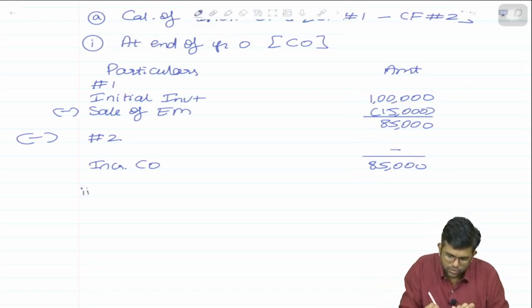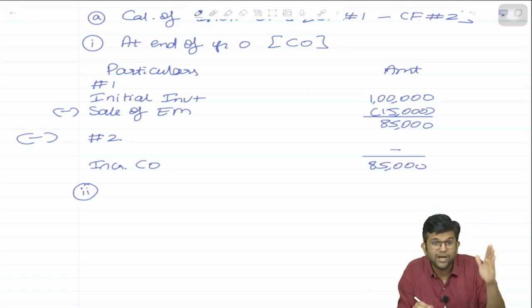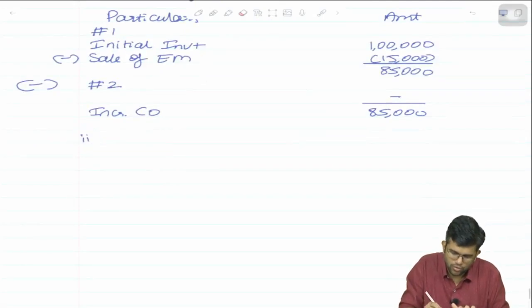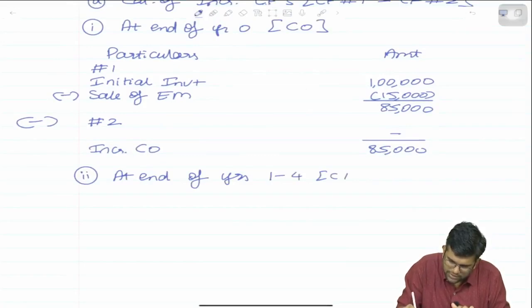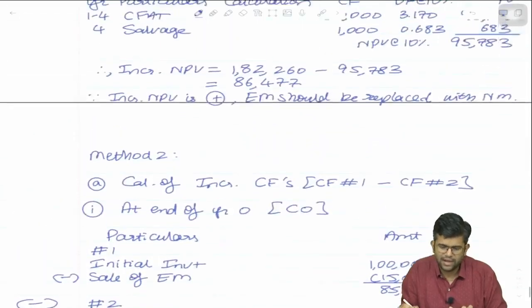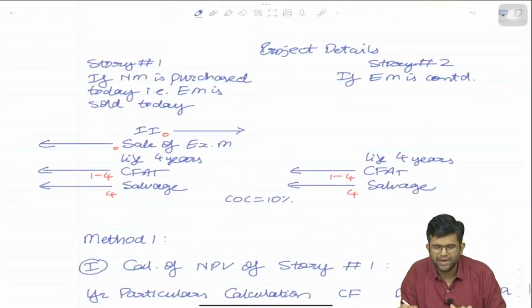Anyways, moving on. So now we got the end of year 0 incremental cash flow. Now students, do you realize, just as we did end of year 0, like that we will have to do for 1 to 4. Everyone clear? So I will write here at end of years 1 to 4, incremental cash flows. Now students, please understand, I am clubbing 1 to 4 because all data of 1 to 4 is given on a per annum basis.